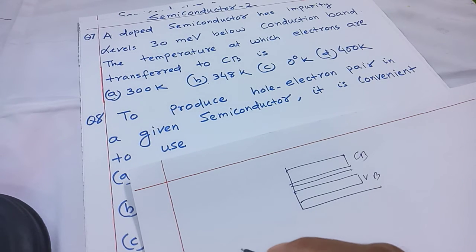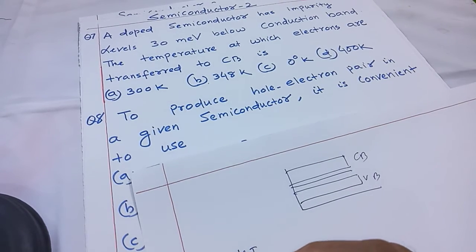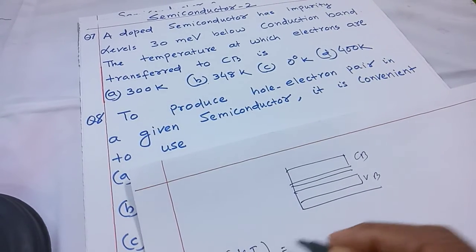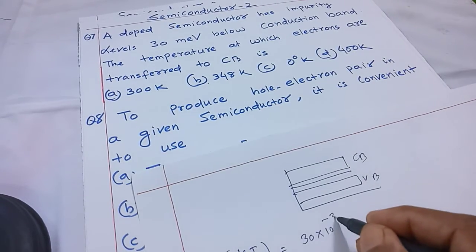The formula, that is kT, thermal energy, where k is the Boltzmann constant and T is absolute temperature, should be equal to 30 milli electron volt.